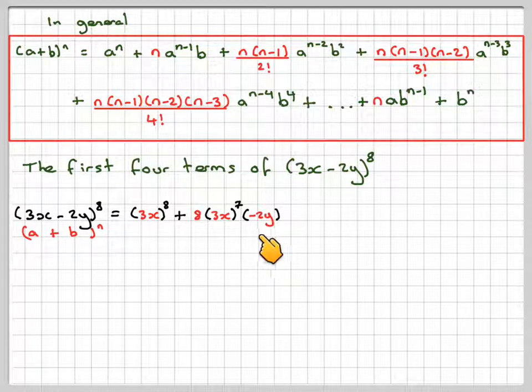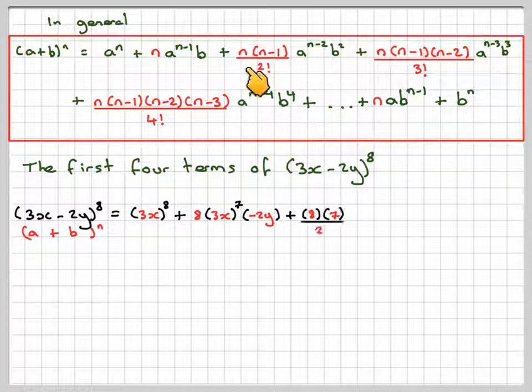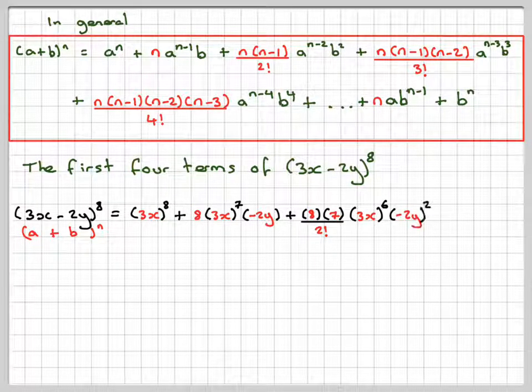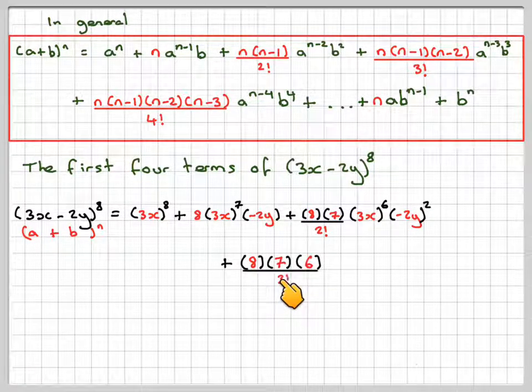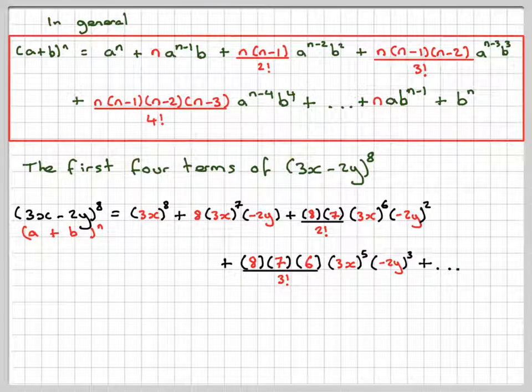Times, now very important, you put the minus 2y into brackets, and that's to the power of 1, plus n times n minus 1, so that's 8 times 7 over 2 factorial, (3x) to the 6 times b, which is (minus 2y) squared, plus 8 times 7 times 6, this one here, over 3 factorial, a, so that's going to be (3x) to the 5, 8 minus 3, (minus 2y) to the 3, and so on.